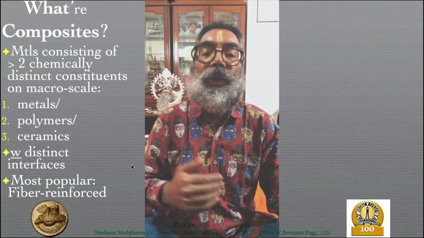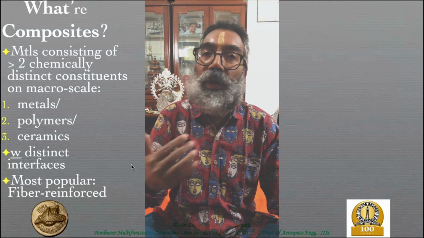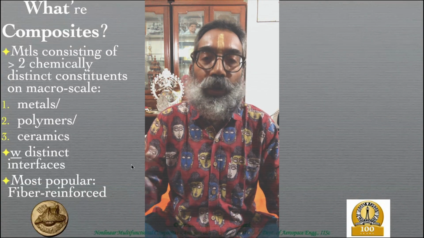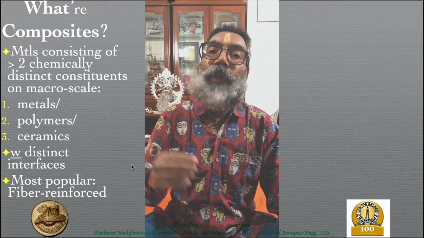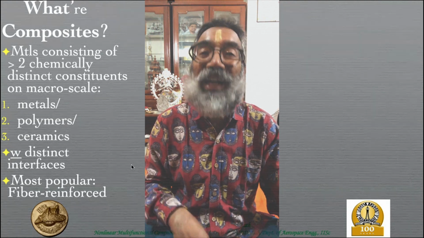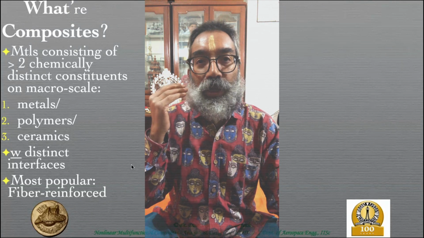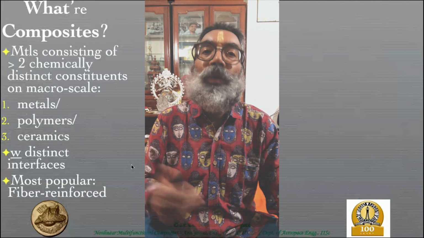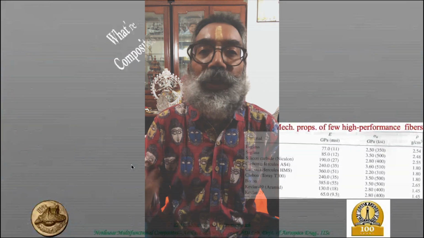So you have particulate composites, for example, which are quite commonly used in situations where cost is much more important, for example, in regular automobile manufacturing, secondary structures, etc. But for primary structures in aerospace, the most widely used kind of composite is a fiber reinforced composite. So the main part of today's class would be towards understanding why so. Why are we using fiber reinforced composites as opposed to any other reinforced composite?